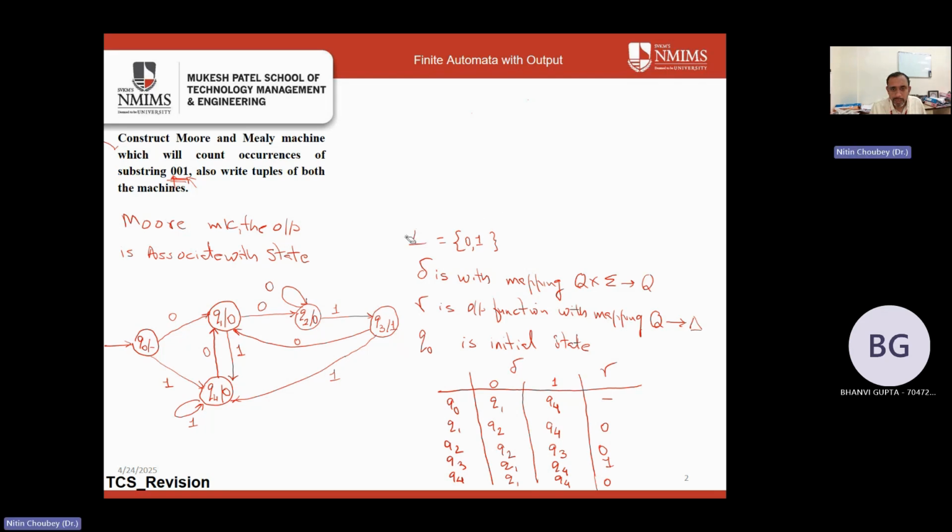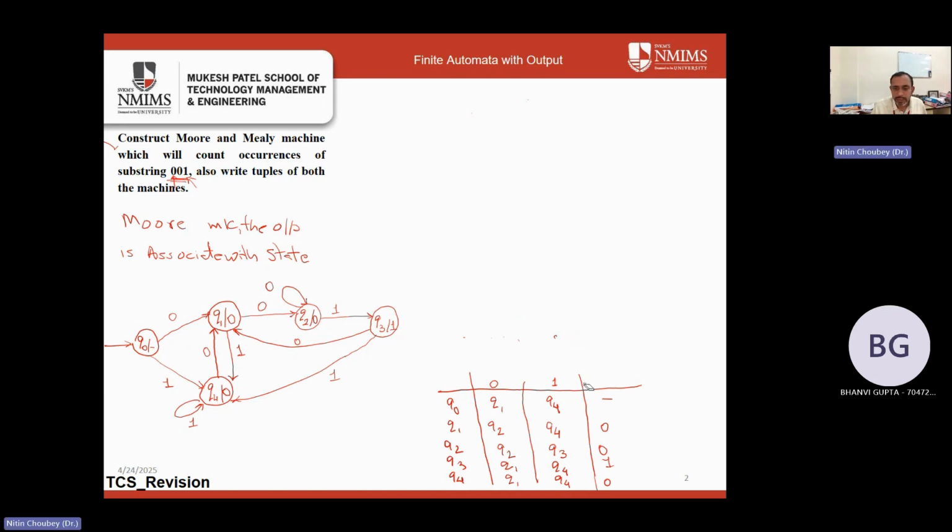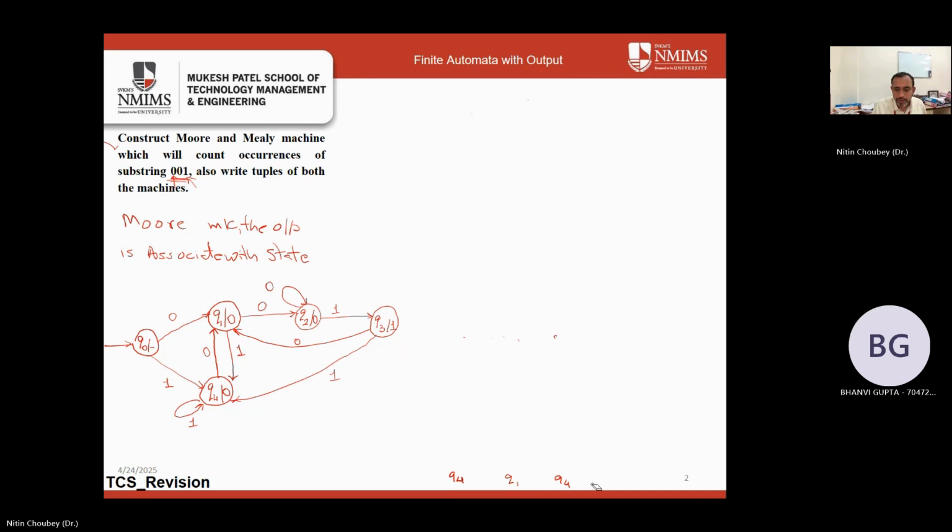Now, what does a Mealy machine stand for? A Mealy machine says that output is associated with the transition. That means what we represented here in the Moore machine will not be there; in a Mealy machine, the output would be represented on the transition in the place of the state.